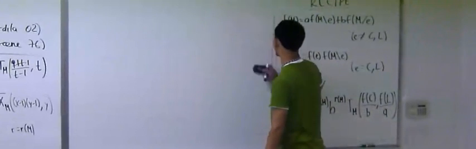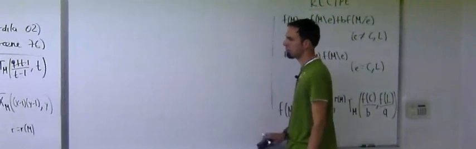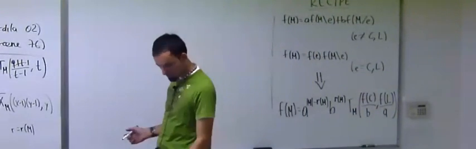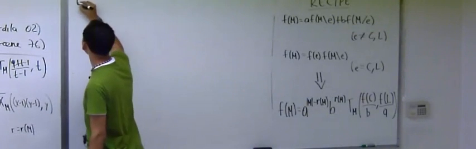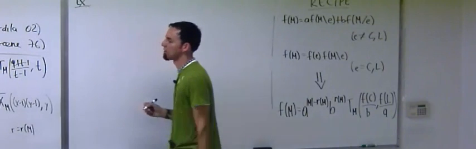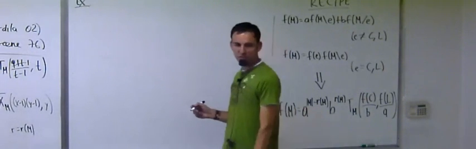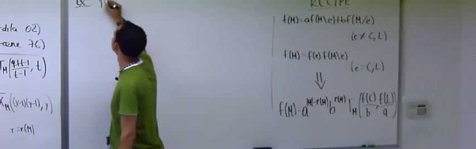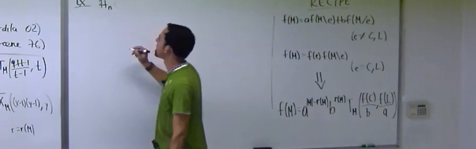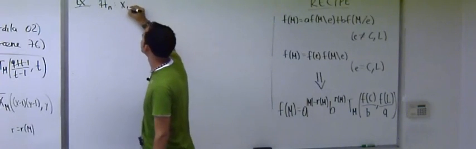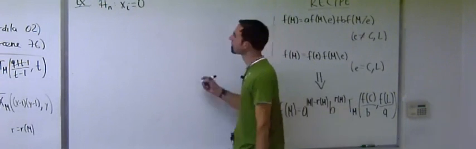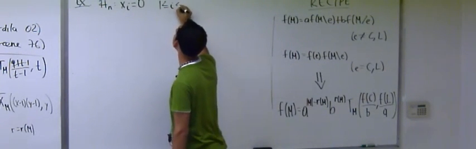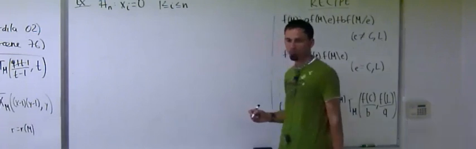Let's go ahead and use this theorem. I'll give you an example of how you use it. Let's use it for a specific arrangement, again the arrangement consisting of the coordinate hyperplanes.